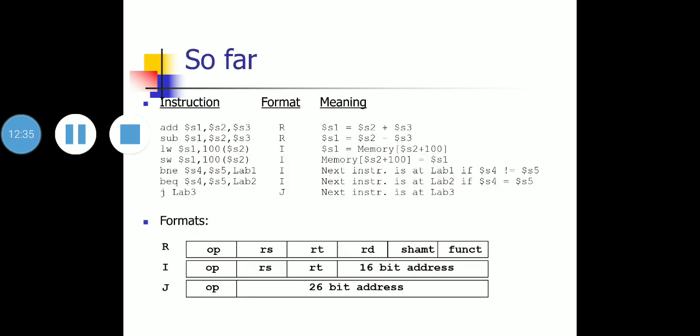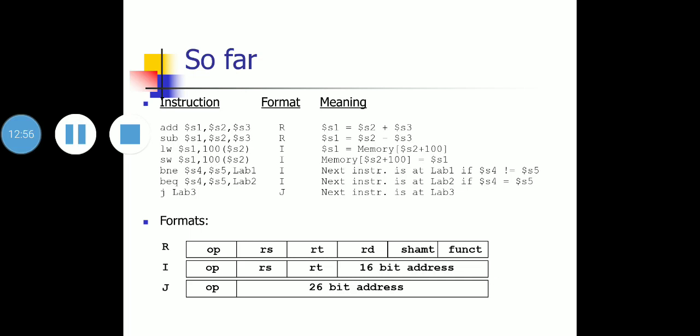So far we have discussed the instructions of R type, I type and J type. So if you see this instruction format and its meaning, it gives a clear picture. The first instruction is the add instruction, which includes only 2 source registers and 1 destination register, which comes under the R type instruction format.